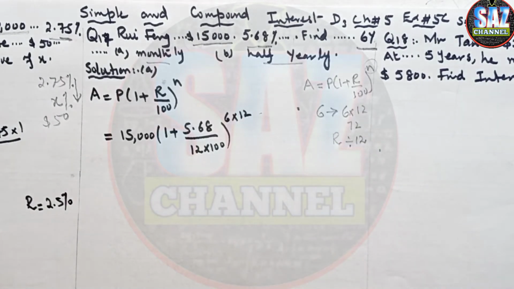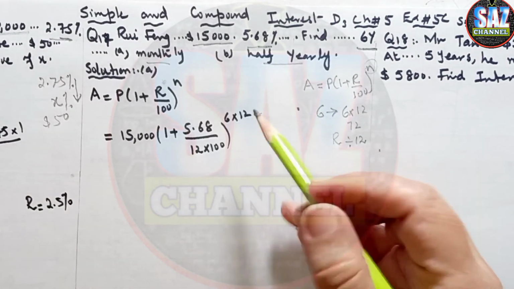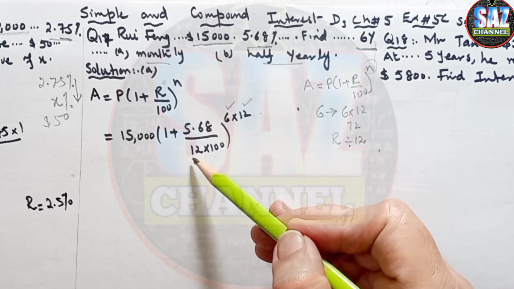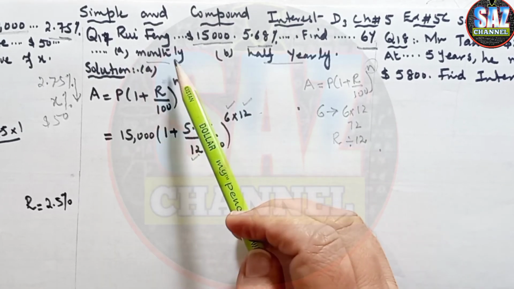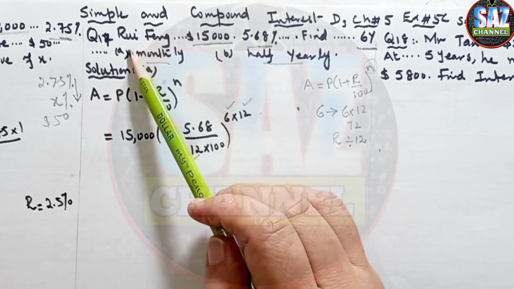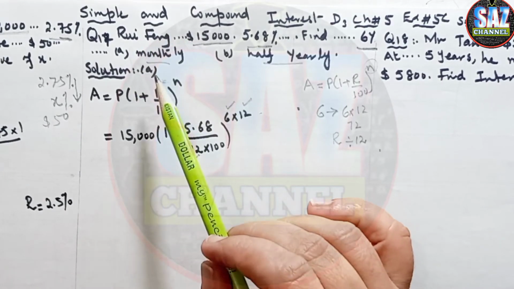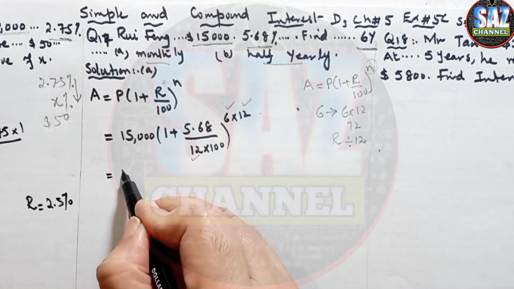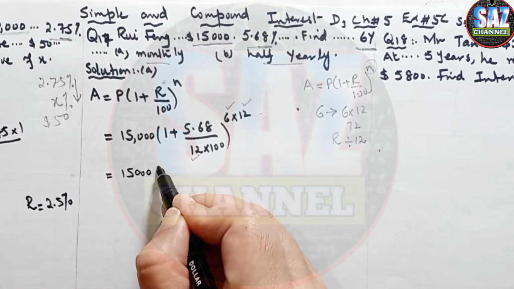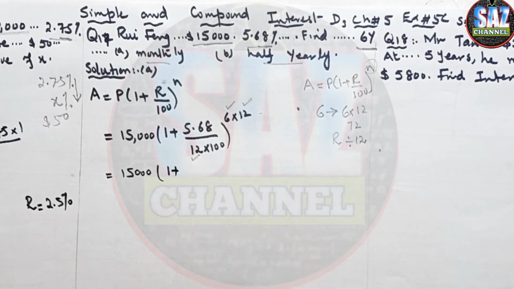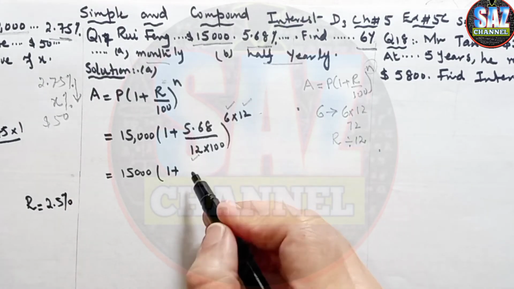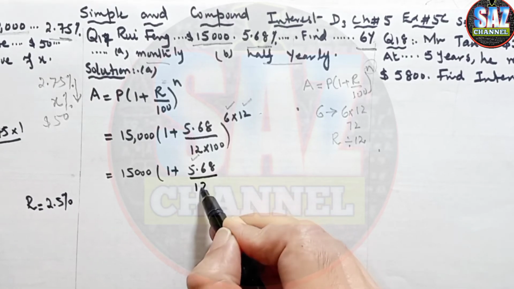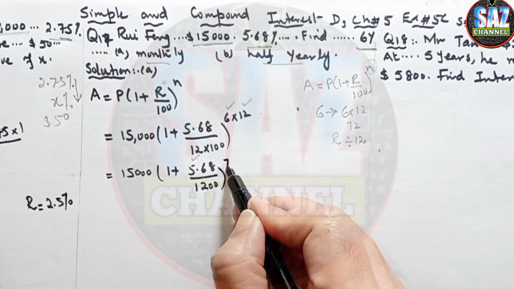These two are really important points that you have to understand, why I'm doing this 6 multiplied by 12 and why I'm dividing the rate by 12, because we are investing on the rule of monthly investment. So I will have the expression 15,000 into 1 plus 5.68 upon 1200 raised to the power of 72.